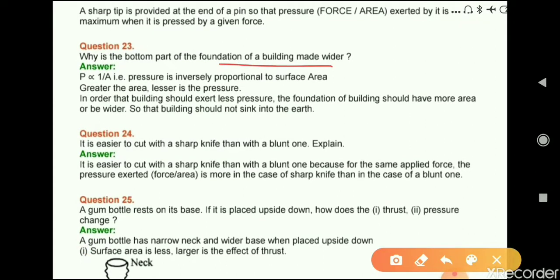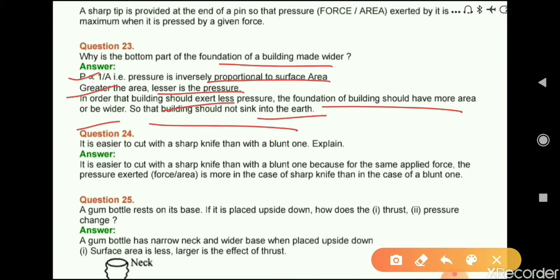Answer. As pressure is inversely proportional to area, greater the area, lesser is the pressure. In order that the building should exert less pressure, the foundation should have more area, or be wider, so that the building does not sink into the earth.